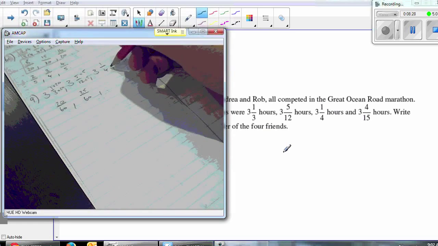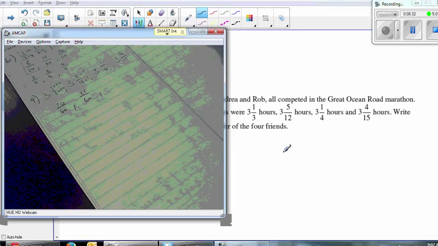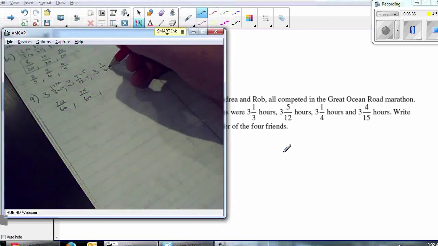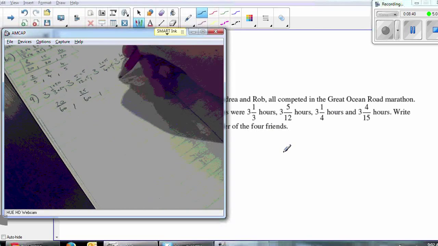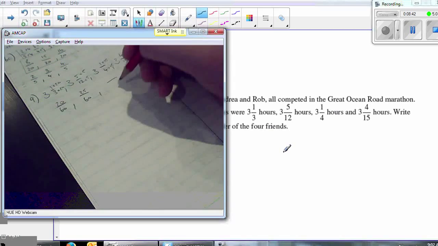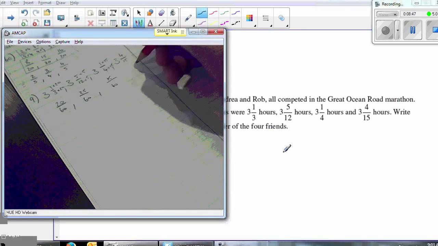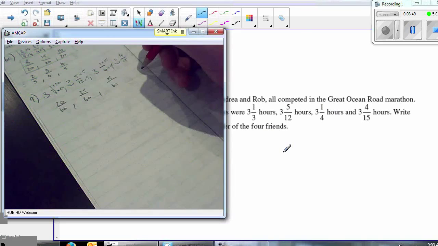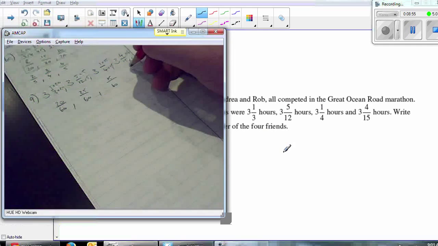For the next person, 4, I need to multiply 4 by 15 times to get to 60. All right, and the last one, 15, I need to multiply that by 4 times to get to 60. 4 4s are 16.